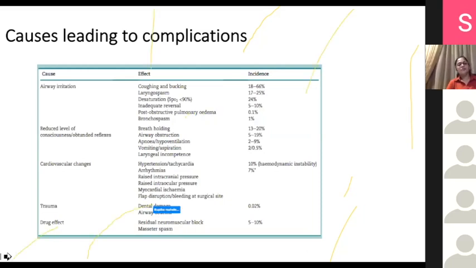Of course, it could be any cardiovascular change, and that is why you get arrhythmias, what we termed as hemodynamic instability, which can even raise intracranial and intraocular pressures, which can be quite detrimental in patients who undergo neurosurgery and ophthalmic surgeries, which can even precipitate myocardial ischemia. Trauma, and then drug effects. So these are the causes which lead to the previous complications, which I mentioned in the previous slide.